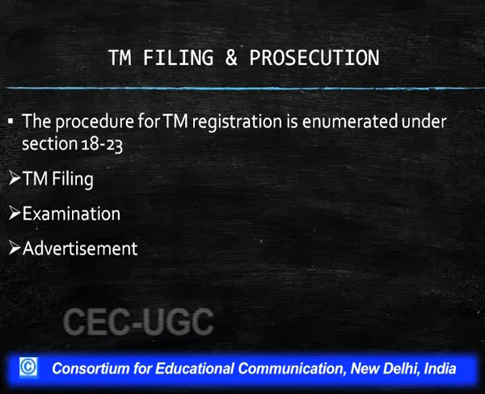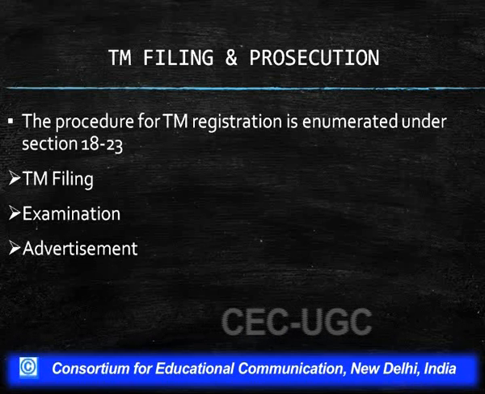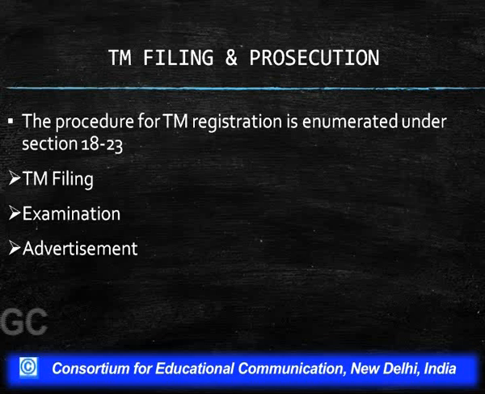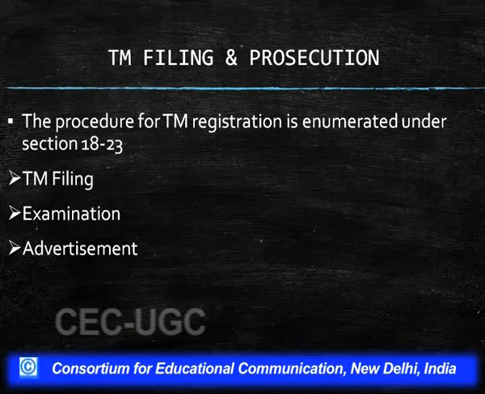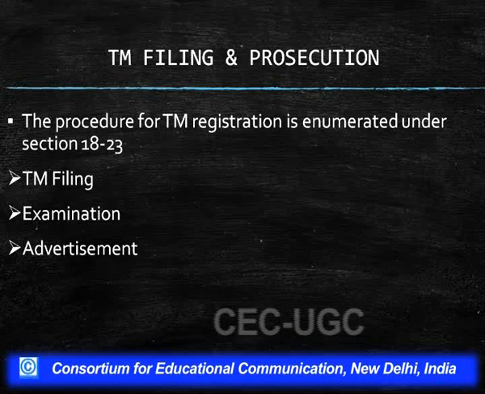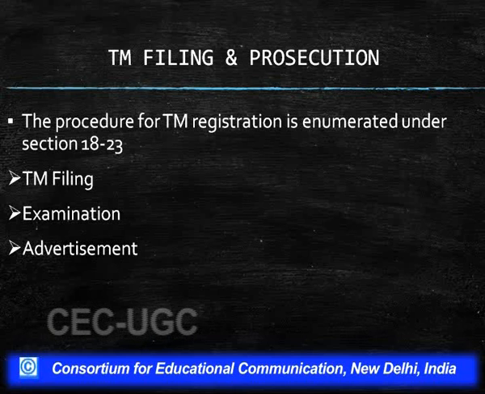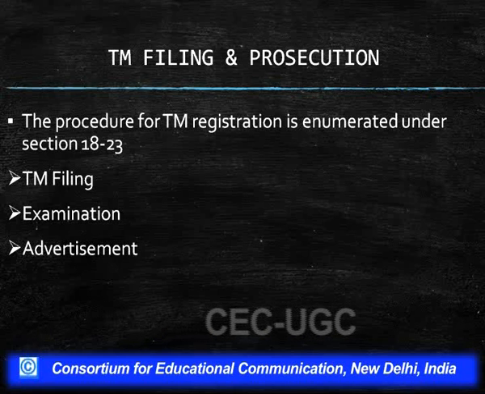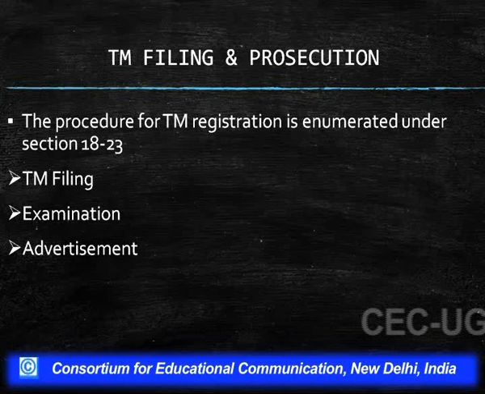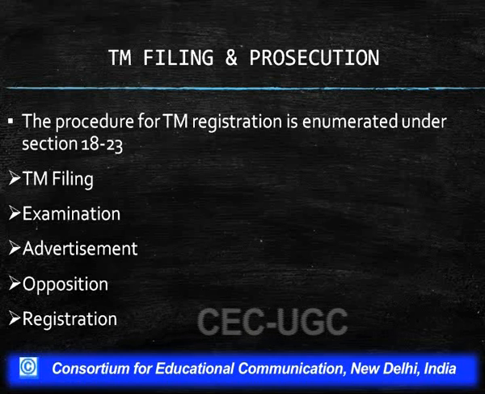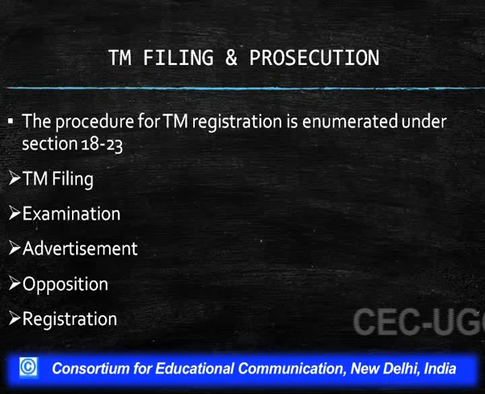Then comes the advertisement. After the examination of the trademark application, there happens an advertisement in the trademark journal that comes weekly, on every Monday. The IP office on its website advertises the trademark journal, where the new applications received in the last week get advertised, and on those advertisements they invite oppositions, and after the oppositions are dealt with, the registration takes place.